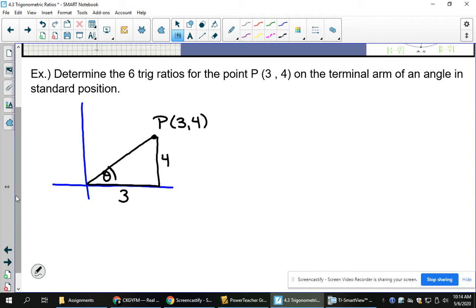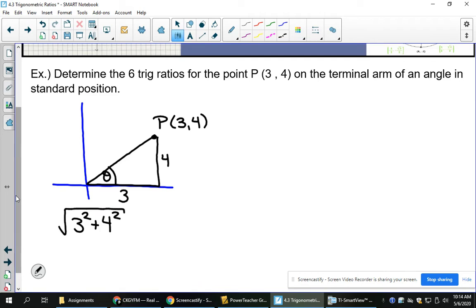Now I need to have all 3 sides of the triangle in order to state all of my trig ratios. So the first step is to find the hypotenuse of the triangle. We've been doing this for so long now, it should be pretty automatic that that hypotenuse is obtained by going a squared plus b squared equals c squared.